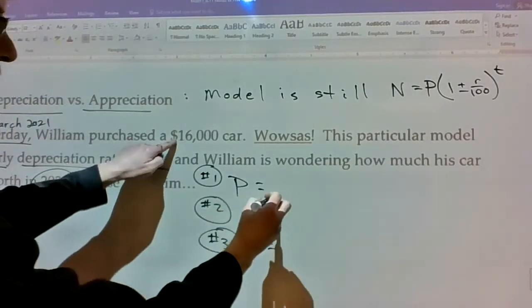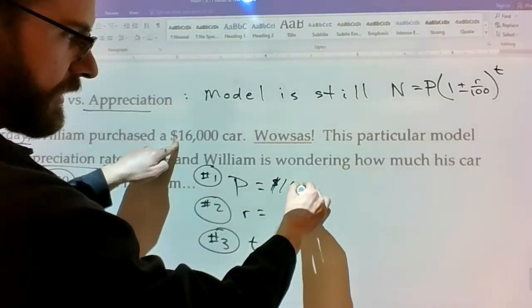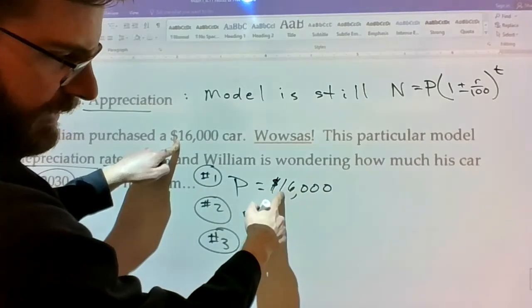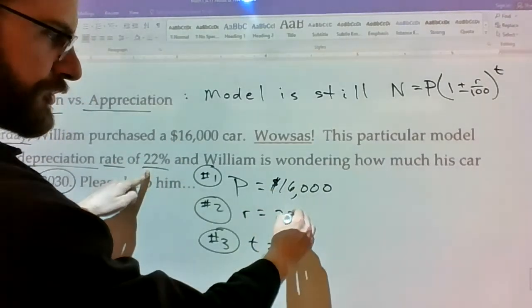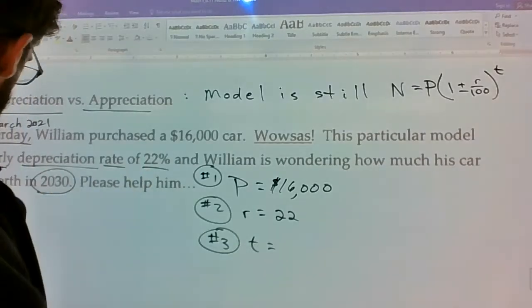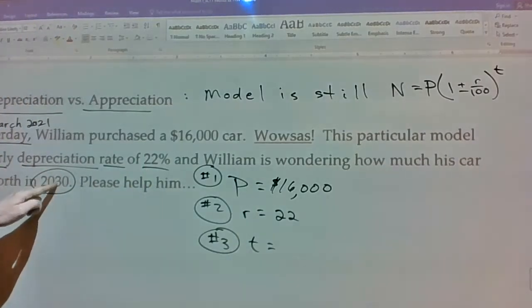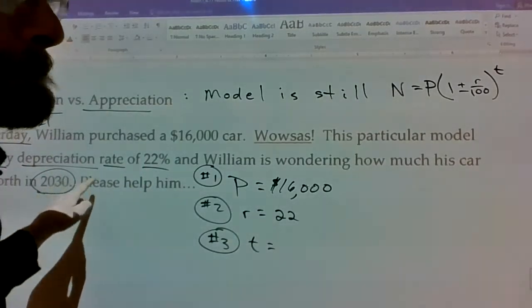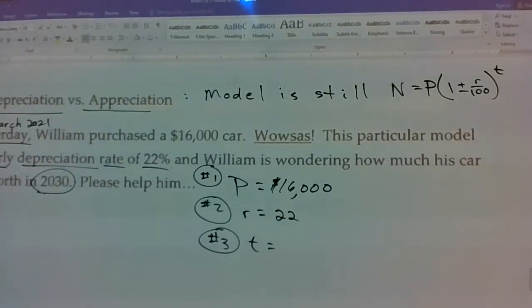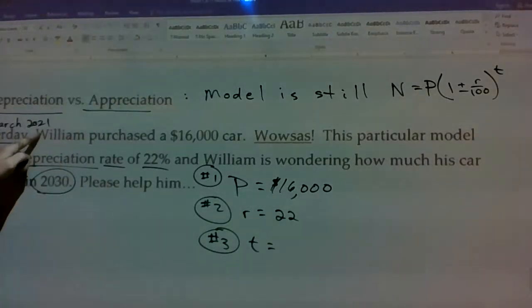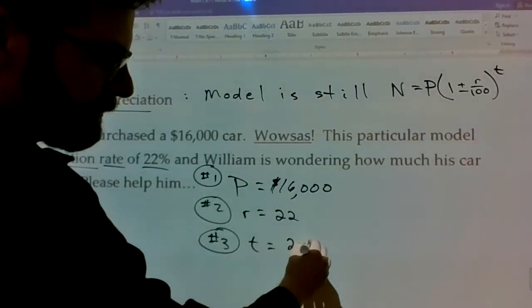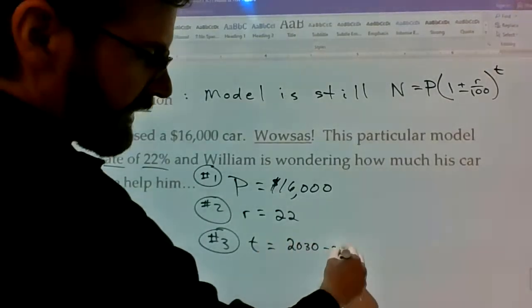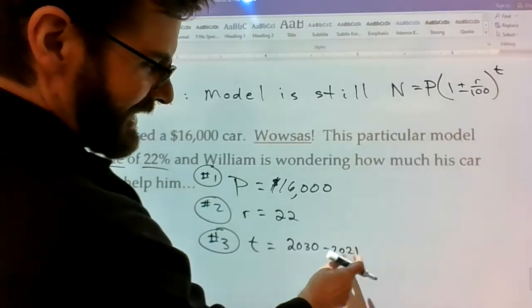Well, the principal amount is $16,000. And it appears we can just plug in the 16,000 without the dollar sign. R is going to be 22%. And then 2030 is the time minus yesterday, March 2021. I'm okay with just calling it 2030. We don't need to get into months and everything. Let's just call it 9 years.